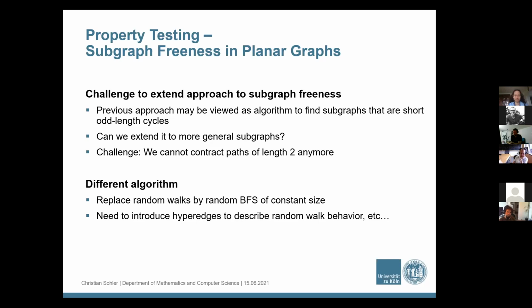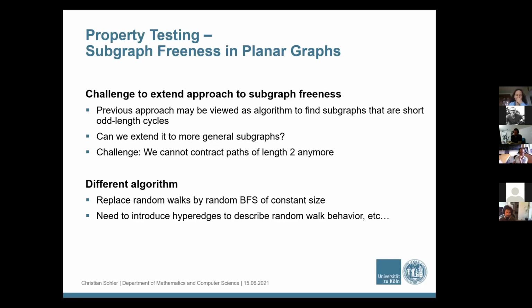And the challenge is that more general subgraphs will also have vertices of degree bigger than 2. And so we cannot use this argument of contracting paths anymore, but we have to extend it to something else.